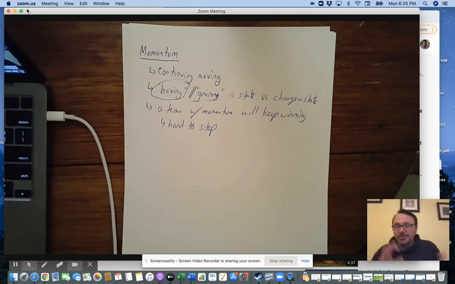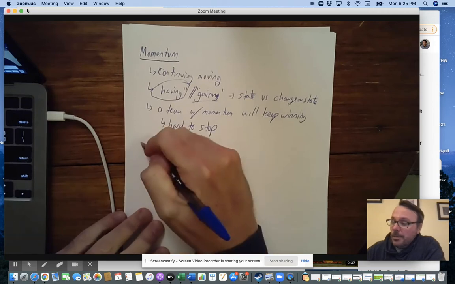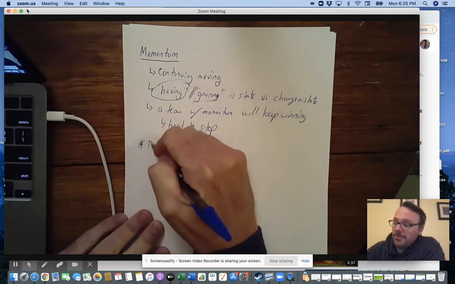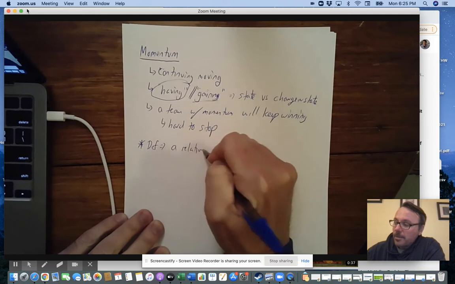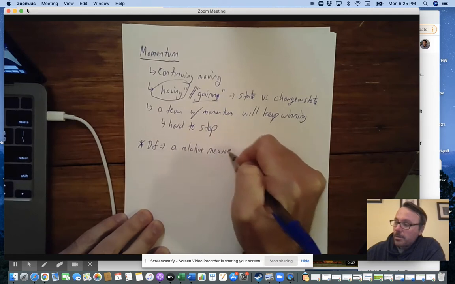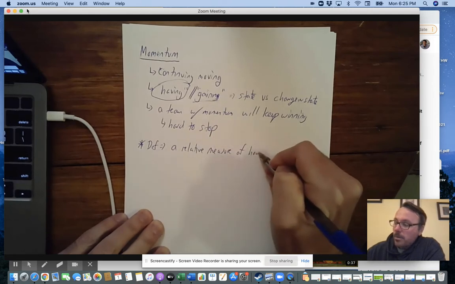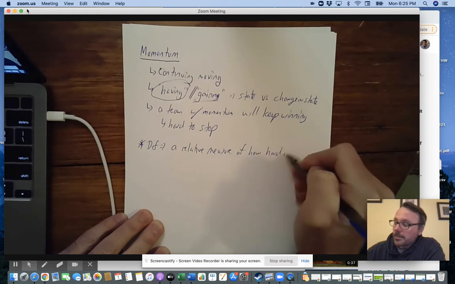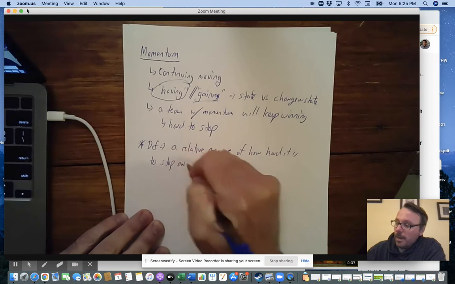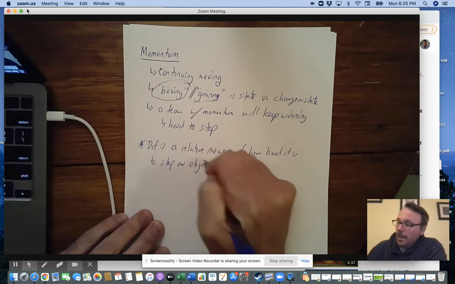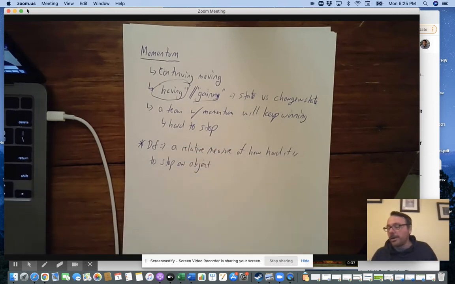And that actually is going to play into our idea of momentum, because momentum is actually going to be defined as a relative measure of how hard it is to stop an object. Okay, relative measure of how hard it is to stop an object.